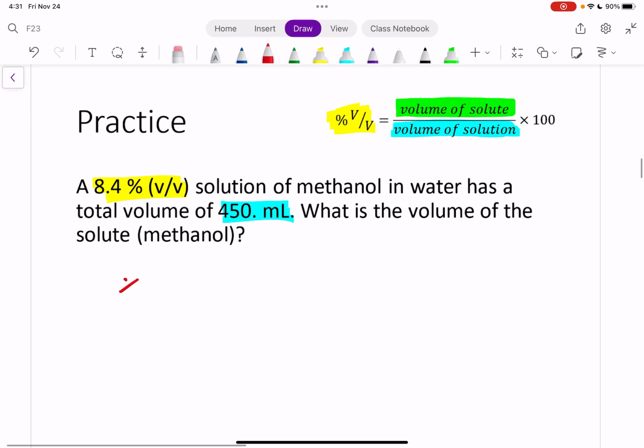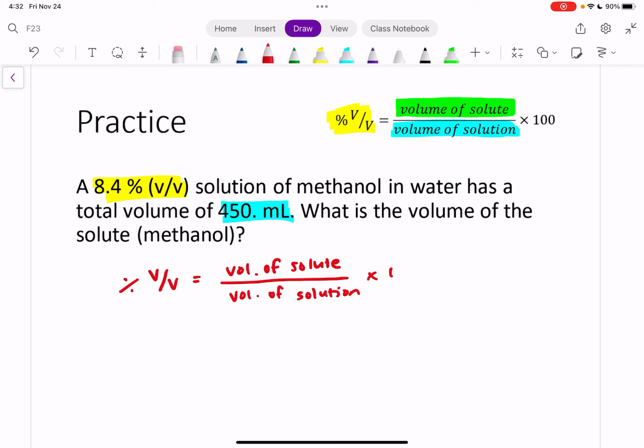So percent volume by volume equals volume of solute over volume of solution times 100. And it even tells us that the solute is methanol. So we want to know how much of our solution of methanol in water is just methanol, right? Okay, so we've got our percentage.